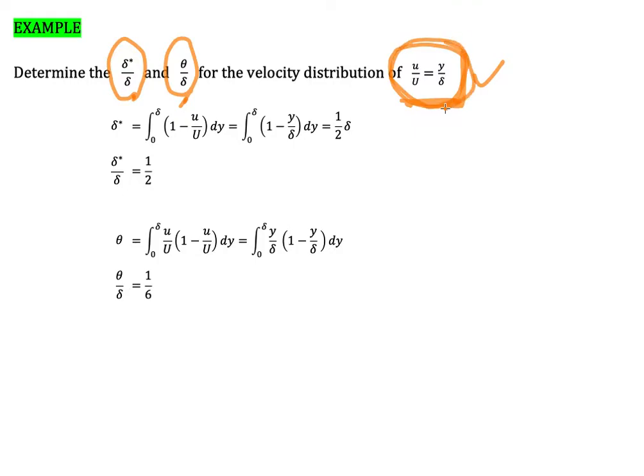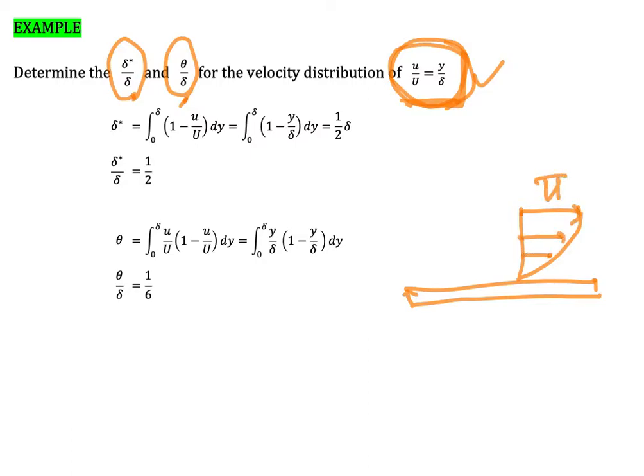For example, we have a flat plate like this, and then we have a velocity profile. We know that this is the capital U and this velocity is small u. From this equation, we could write small u is equal to y over delta times capital U. This is actually the equation for each u velocity here.